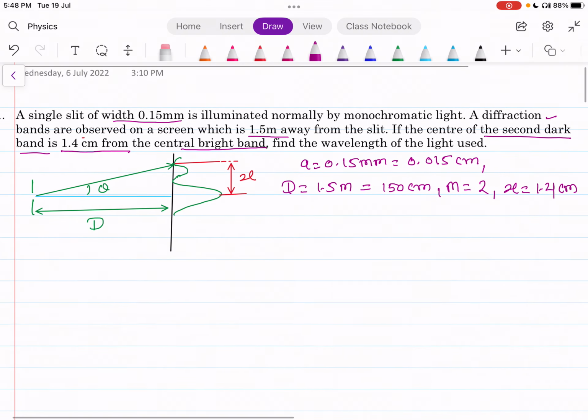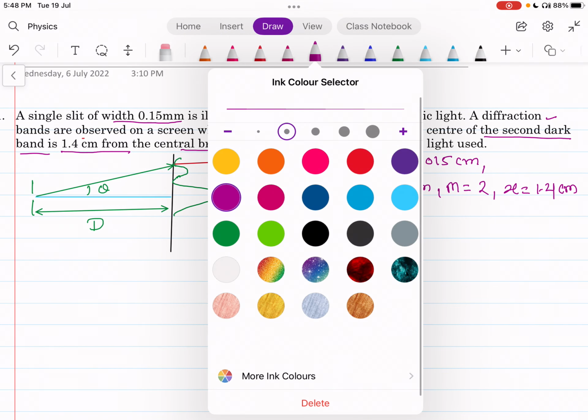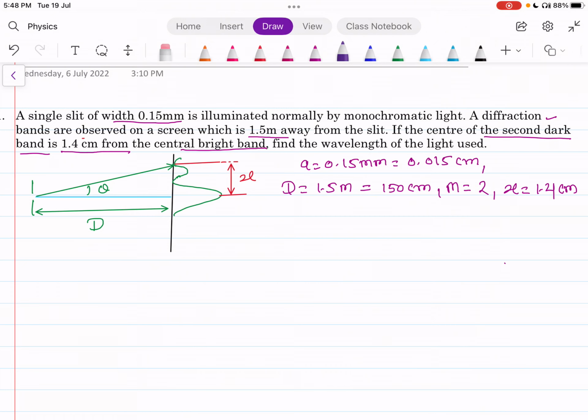From the diagram, you can see what would be tan theta? Tan theta is equal to x upon capital D. x is given 1.4, D is also given, 150 centimeter. 1.4 centimeter by 150 centimeter, and that is equal to 0.00933.